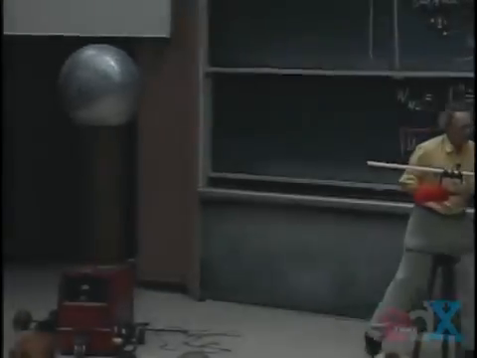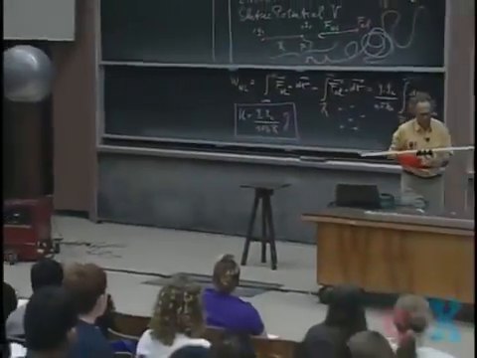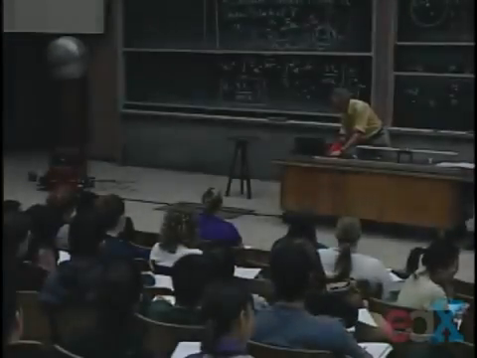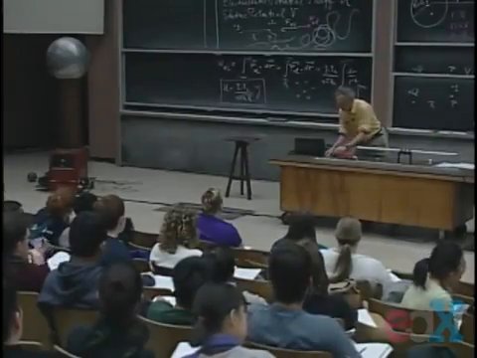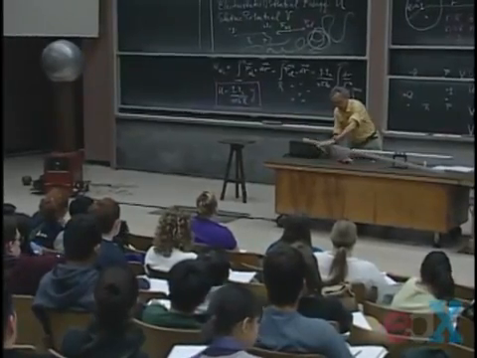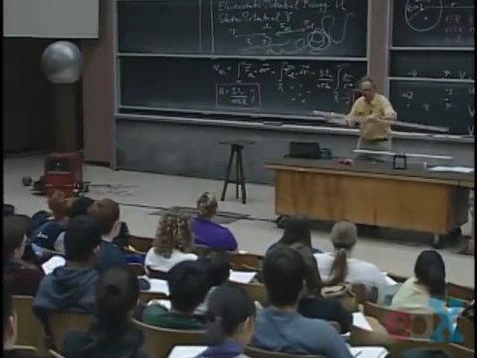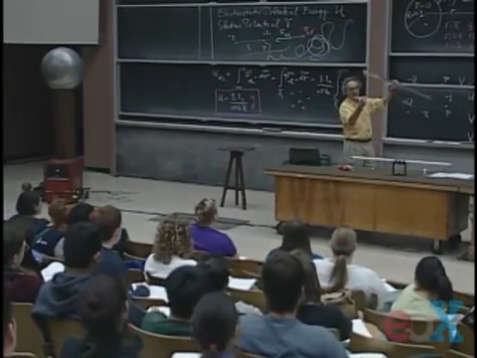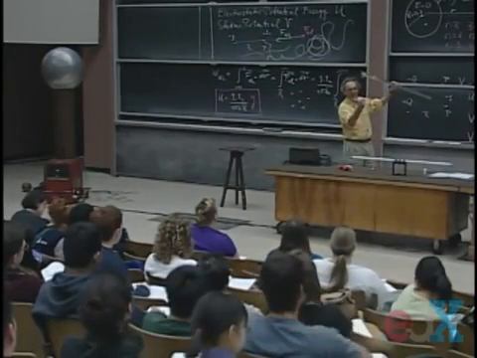Now I want to do the same demonstration with a neon flash tube, and the neon flash tube I will place at the end of a fishing rod. This neon flash tube we used during the first lecture when I was beating up students, but I've learned not to do that anymore.